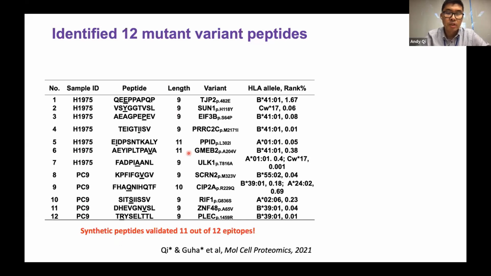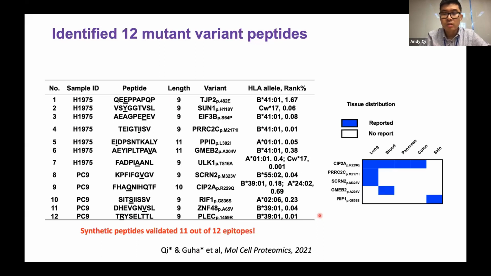They range from 9-mer to 11-mer, and each of them has at least one respective allele predicted to be a strong binder by NetMHC. This is a computational algorithm commonly used in this field. And of course, we used synthetic peptides to validate 11 out of the 12 epitopes.